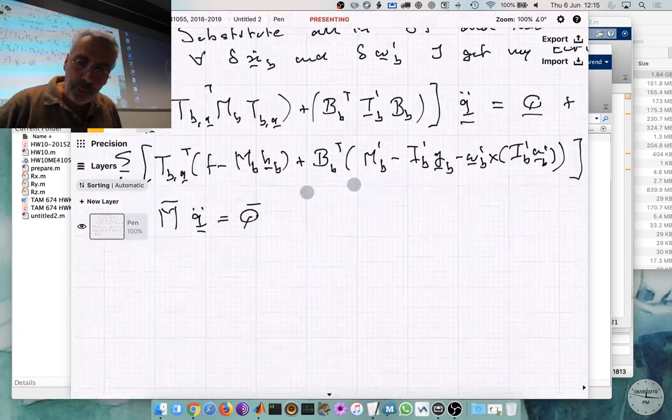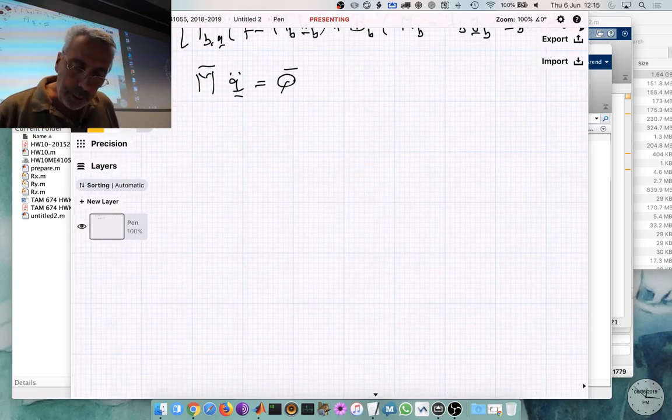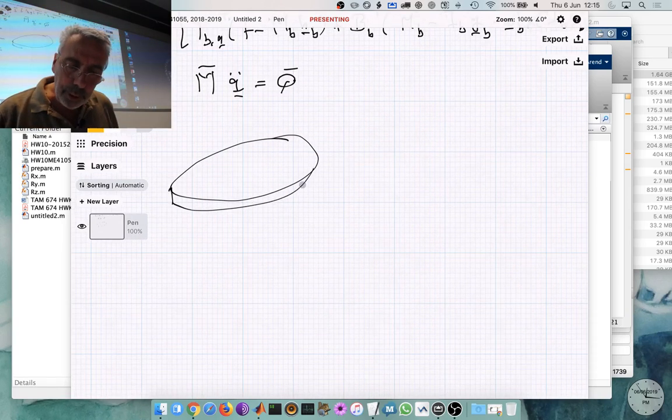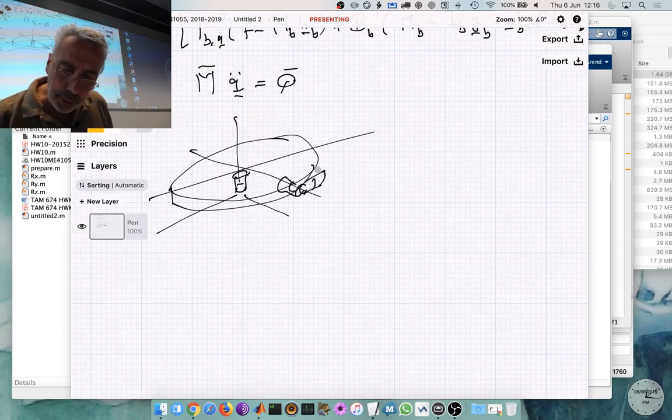And for that we go just to our sketch, to our problem. And we sketch that again. So we have our turntable here. I have my hinge here. I need a coordinate system, of course. And then we had this hinge here and this hinge here. And then we have our body here.